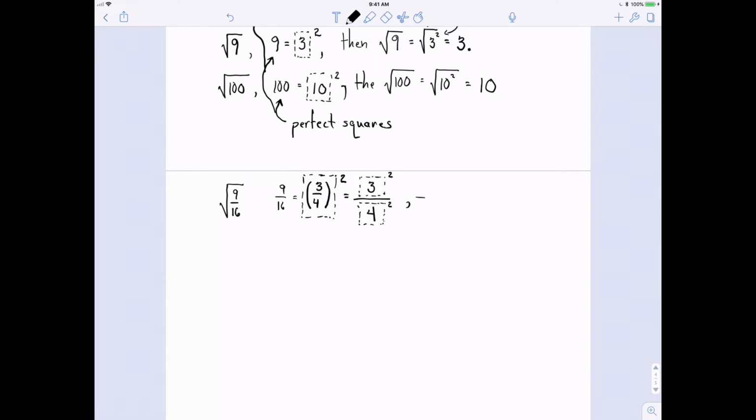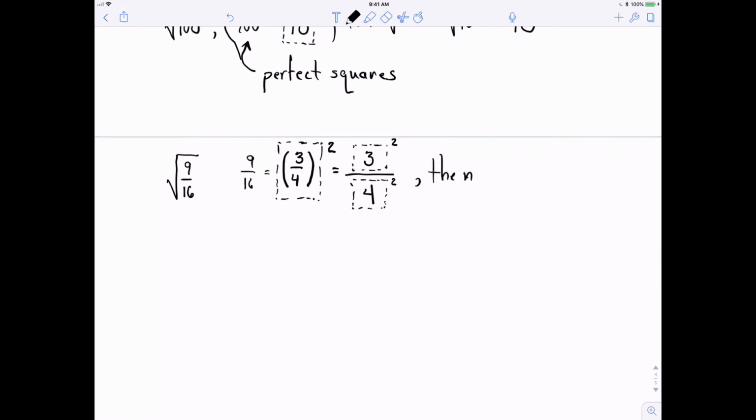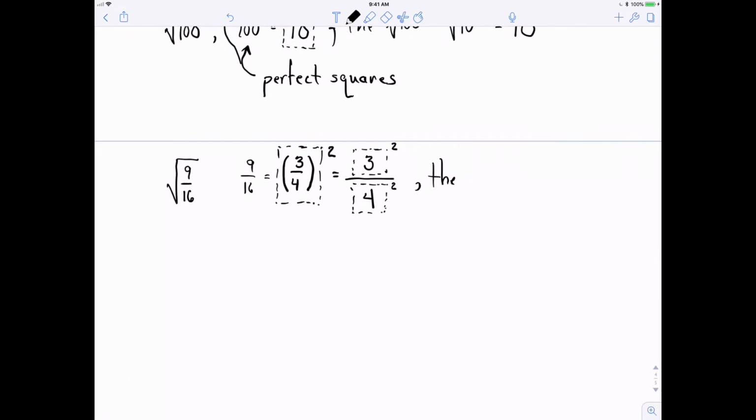So then we would say that the square root of 9/16 can be written as the perfect square of 3/4 squared. So the square root of 9/16 is 3/4.